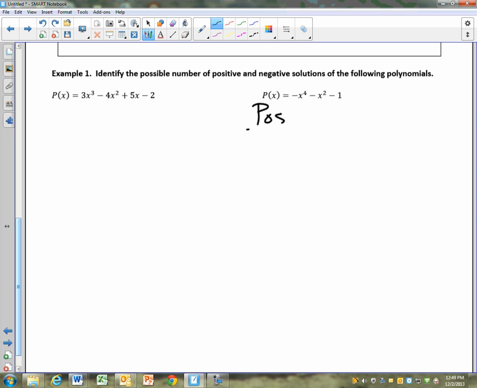Positive. Negative. Let's look at the original function, p of x. If we just look at the original function, are there any sign changes right now? It always stays negative. So that means you have 0 positive solutions.